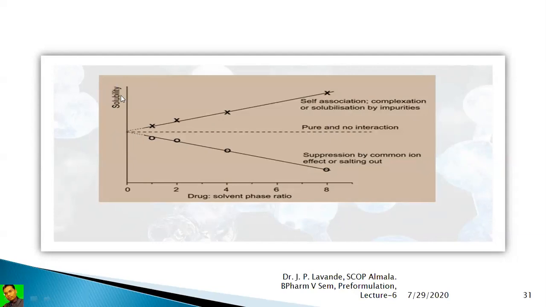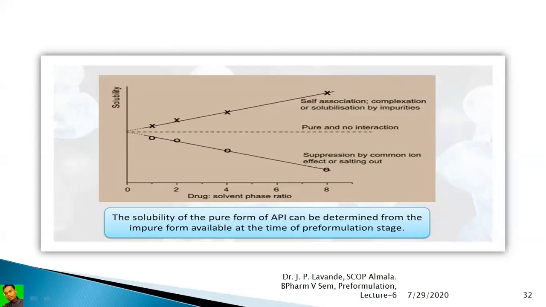On the y-axis, you can see the solubility. Now, the presence or absence of these impurities will cause an increase or decrease in the solubility. So we can understand that through this particular phase diagram, or the solvent phase ratio diagram, or the graph. The solubility of the pure form of API can be determined from the impure form available at the pre-formulation stage.